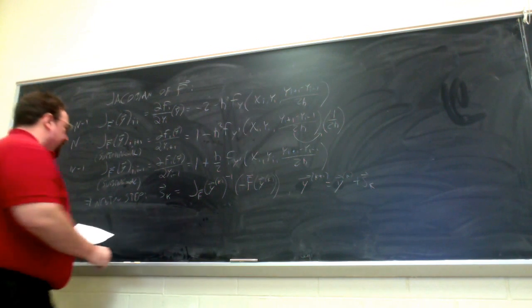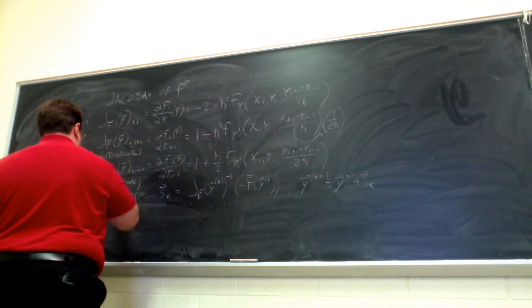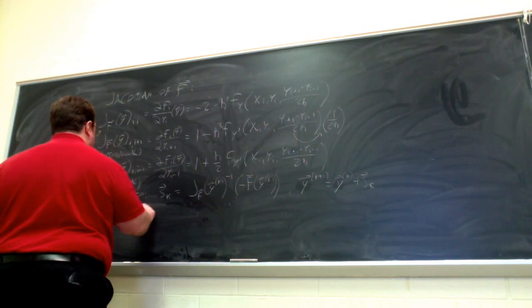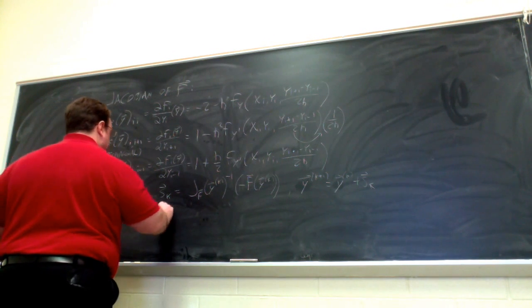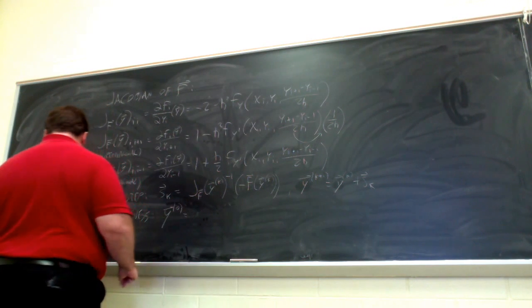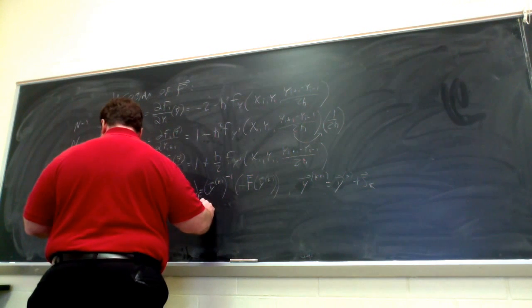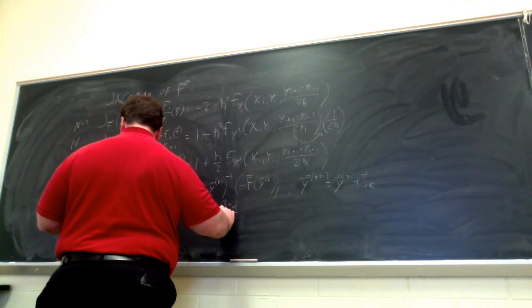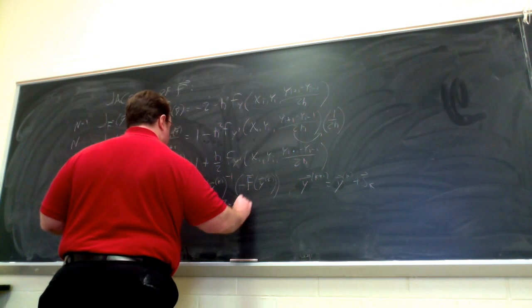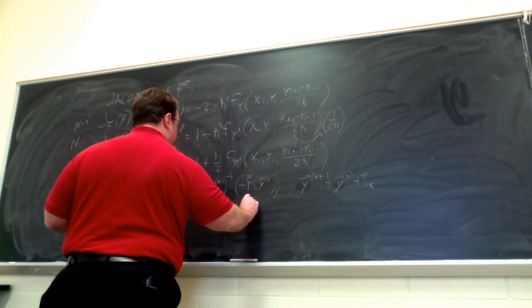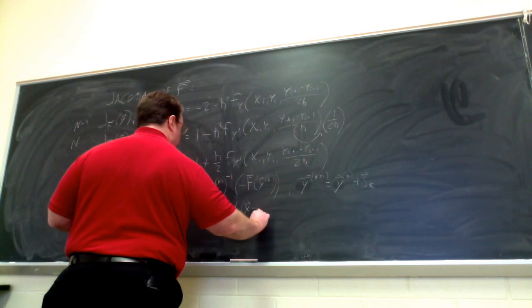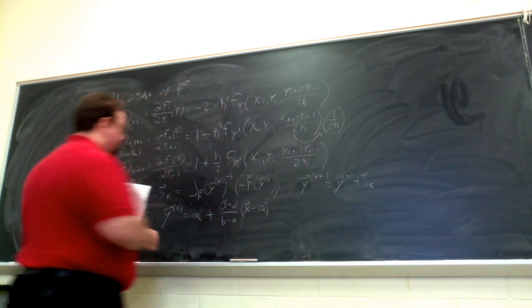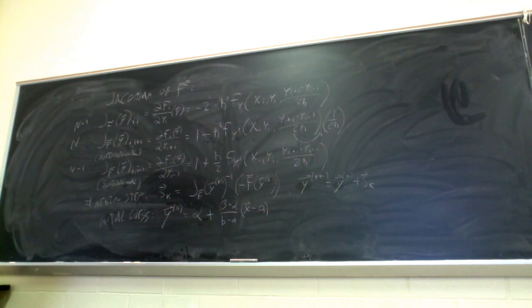So here's what you can do. What I'm going to recommend is this function: alpha plus beta minus alpha over b minus a times the vector x minus a. Now, why on earth would I choose this?